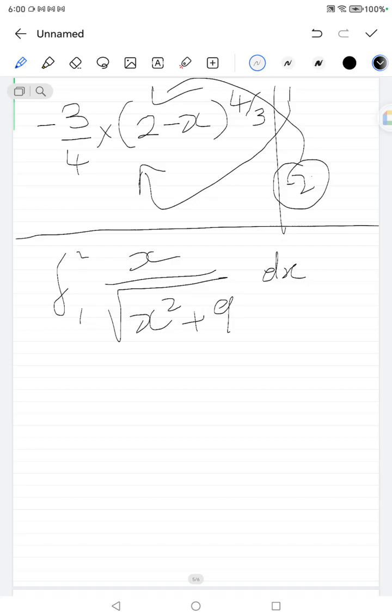You can see where we have our x squared plus 9, this gives us a clear derivative of what? Of 2x.